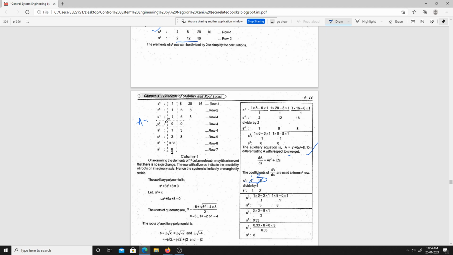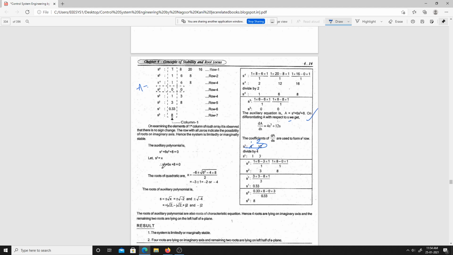Now one more thing we are supposed to take into consideration: a row with all zeros indicates the possibility of roots on the imaginary axis.